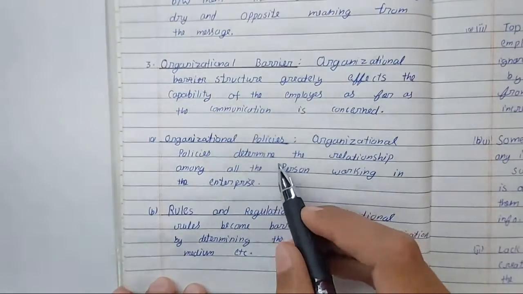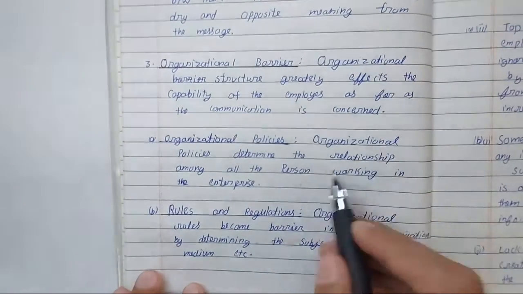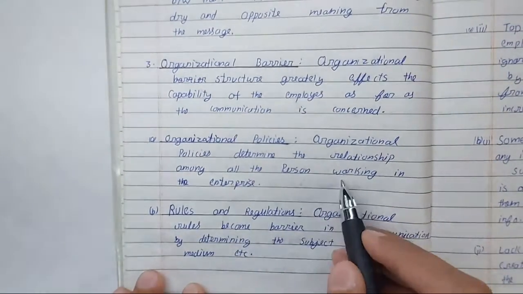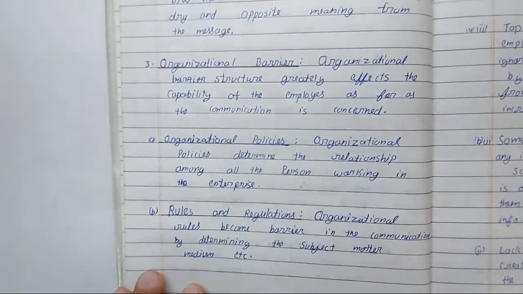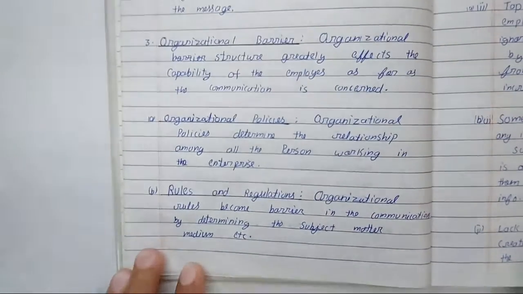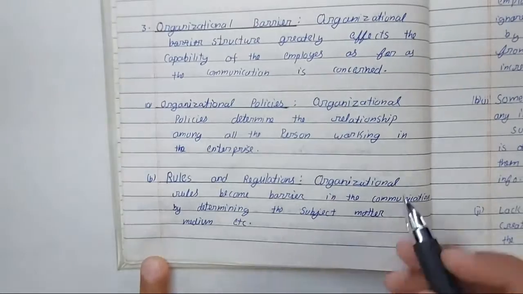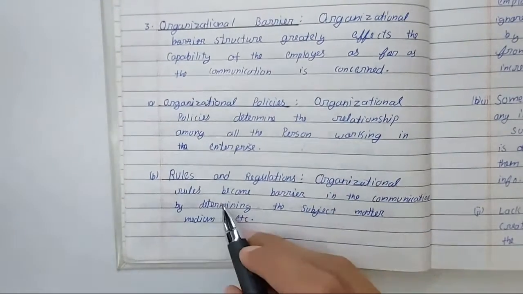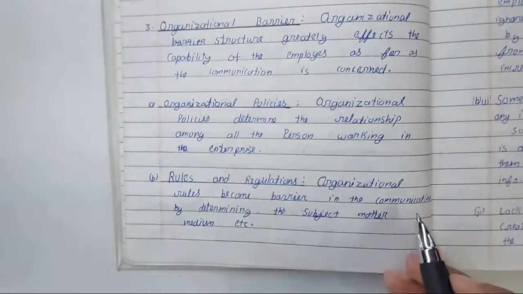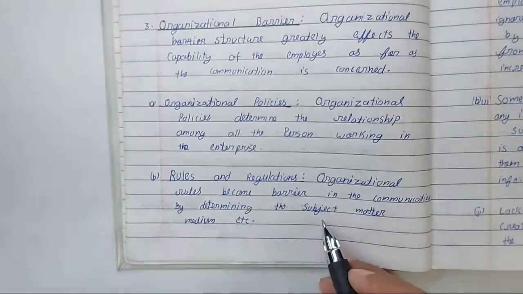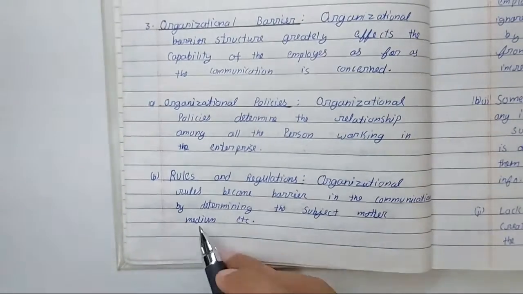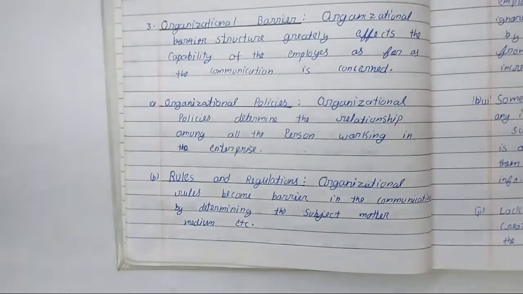Organizational policies determine the relationship among all the persons working in the enterprise. Rules and regulations. Organizational rules become a barrier in communication by determining the subject matters, medium, etc.